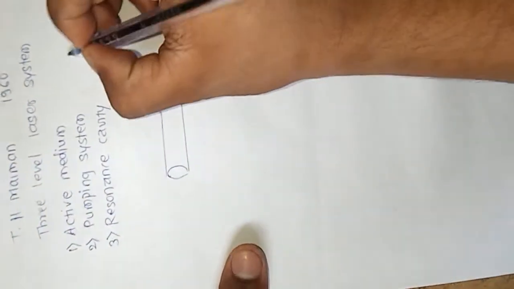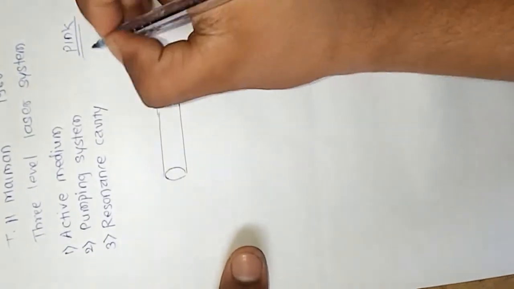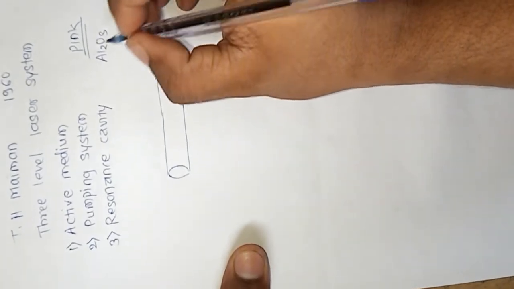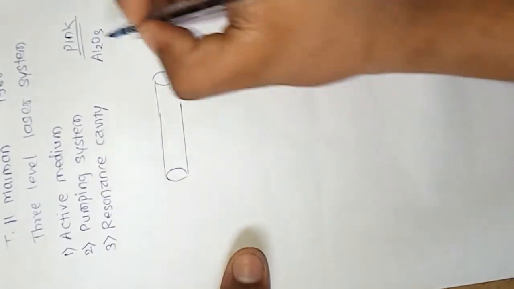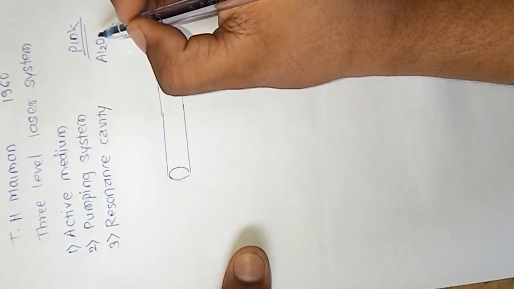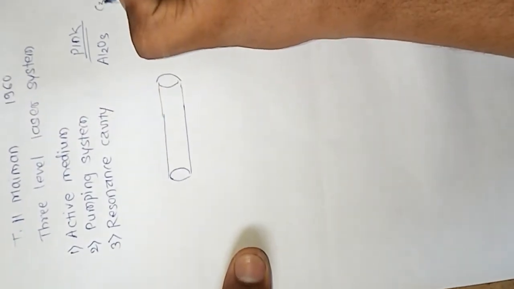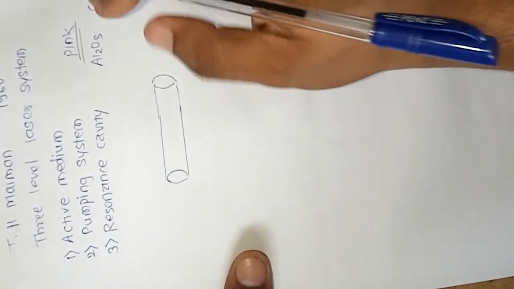It is pink in color, and it is made up of Al2O3, in which chromium oxide is mixed as an impurity. That means some of the Al3+ ions from this Al2O3 are replaced by Cr3+ ions.